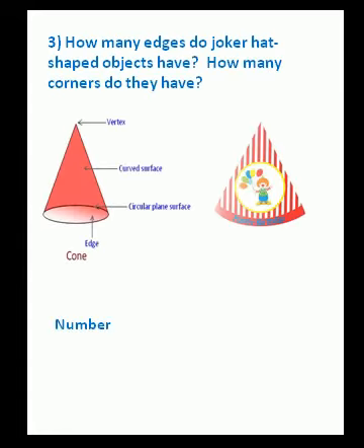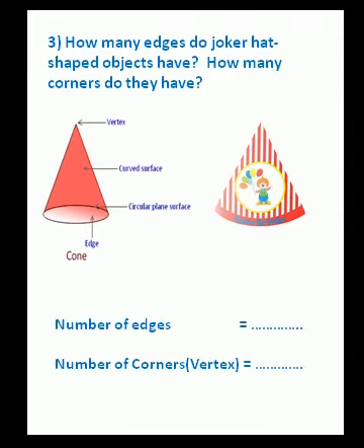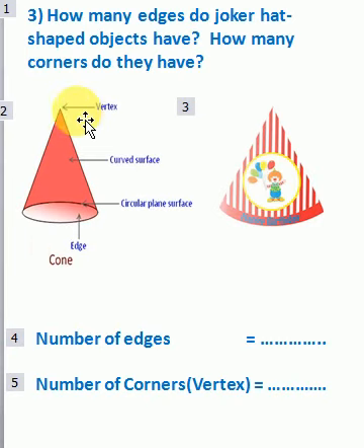How many edges does a Joker hat shaped object have, and how many corners does it have? Here the Joker cap has only one vertex, that is only one corner, and the edge is only one. This is in circular shape. Number of edges: only 1.